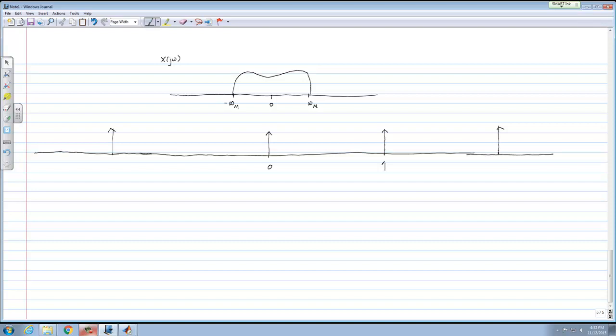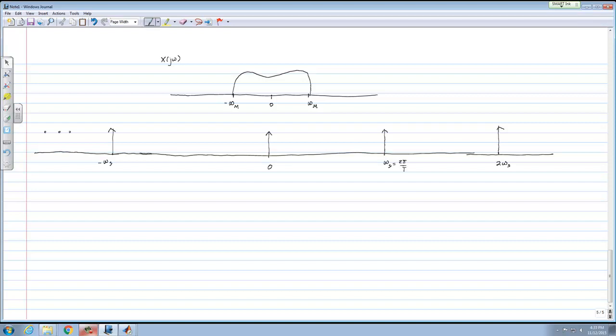Where is this frequency? 2 pi over T. And we also gave it a term called omega sub s. Right? So I will write omega sub s here. And the next one is at 2 times omega sub s. This one is at negative omega sub s. So on and so forth.